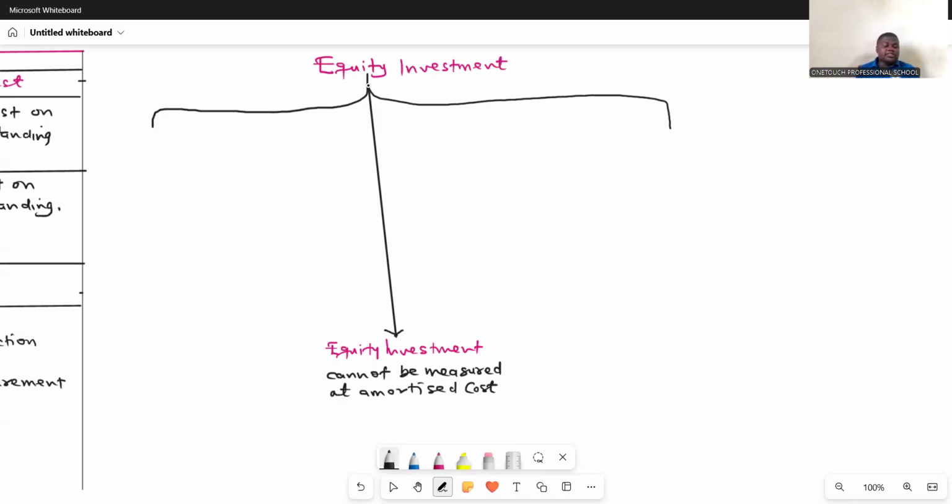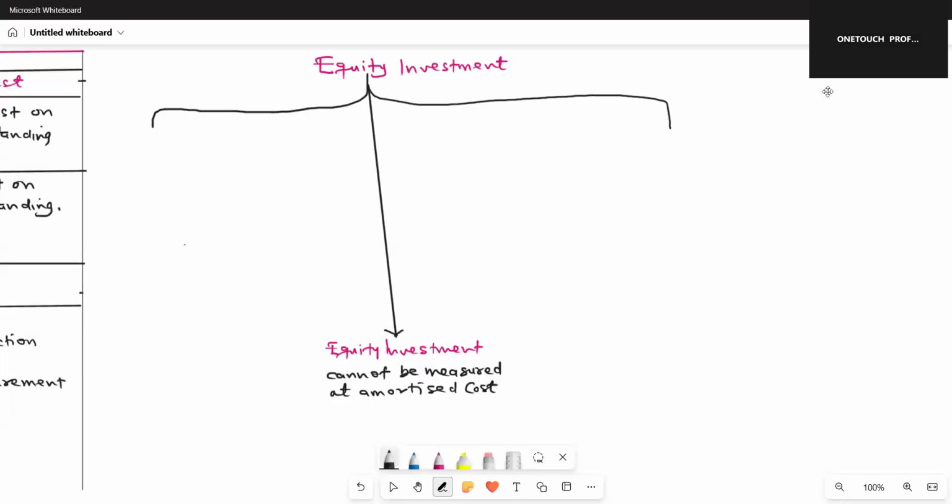Amortized cost, the purpose is to receive contractual cash flows, which are mainly principal plus interest. So I'm asking why it cannot be measured at amortized cost. With amortized cost, we expect the cash flow to be principal plus interest.